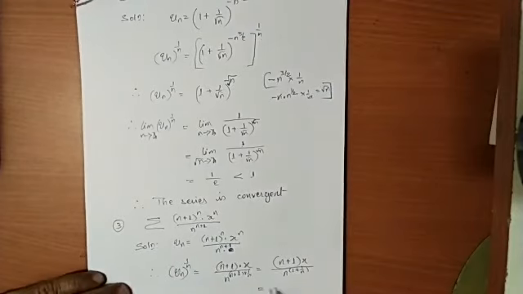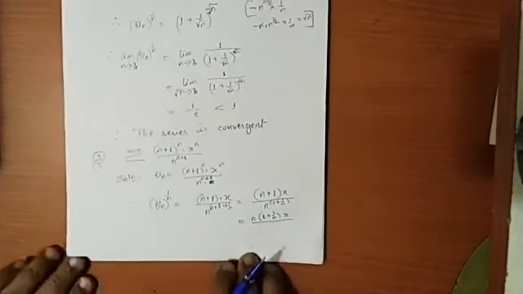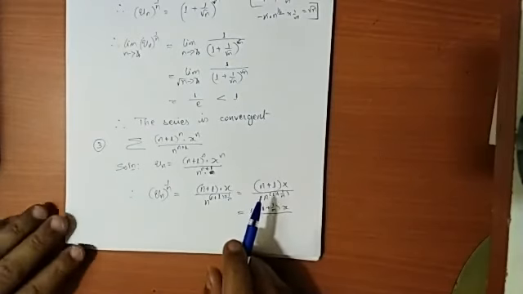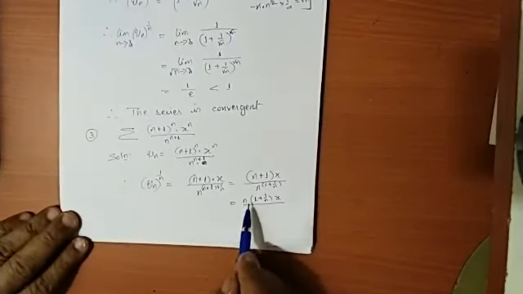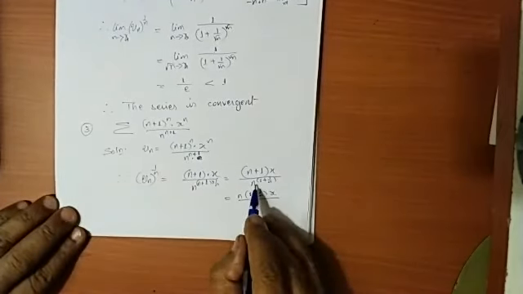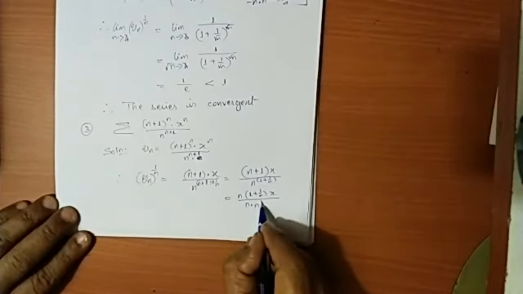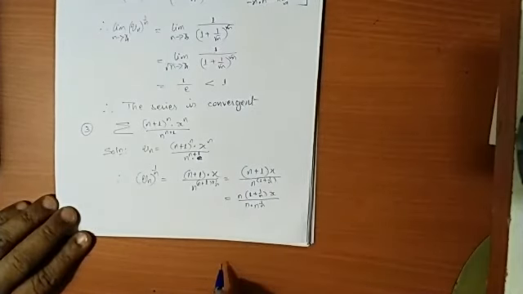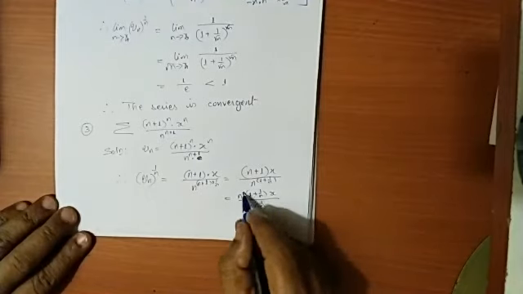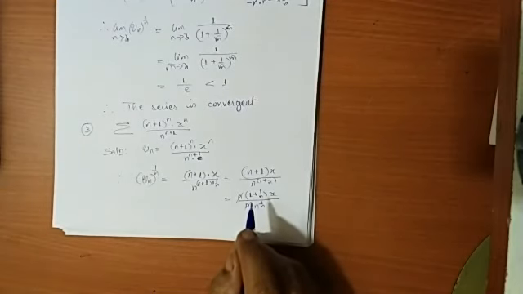So this will be n times (1 plus 1 by n) into x divided by n into n raised to 1 by n, as n tending to infinity. These two cancel. Okay?